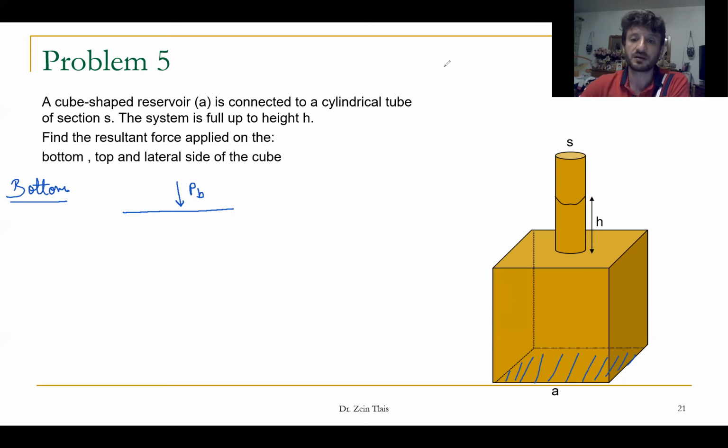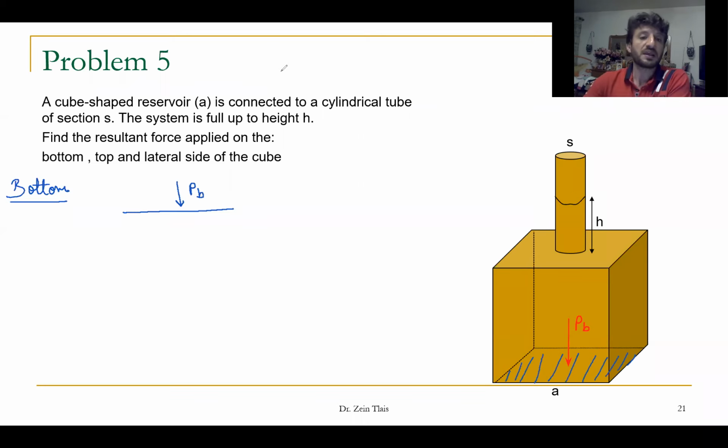Let me put it in red. Here we have PB. You know PB is the pressure applied by the quantity of water here plus P0. We can calculate it later.